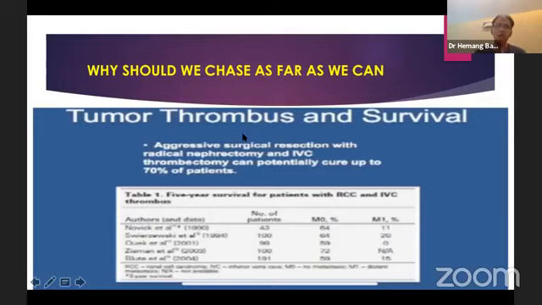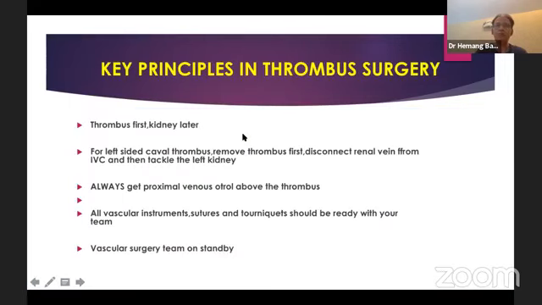So the survival is between 45% to 70%. So if taken all comers of all renal venous thrombi which are non-metastatic, 45 to 70% cure rates is very significant, which is the reason why we should be embarking on this surgically and attempt to do an R0 resection. How should we be doing it?